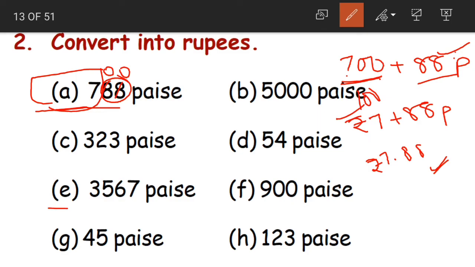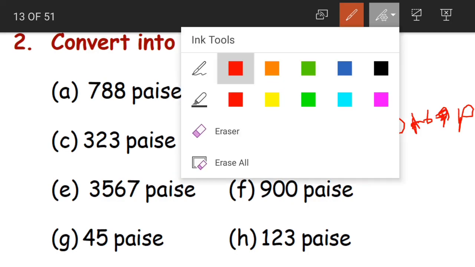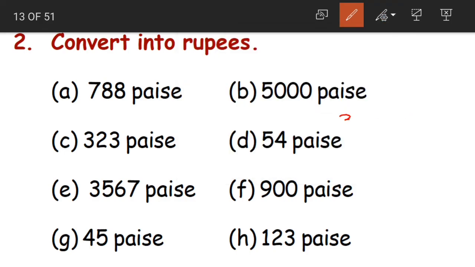For example, in 3567 paise, see 3500 plus 67 paise, it is written like this. Sorry, it's not written nicely. 3500 paise plus 67 paise.